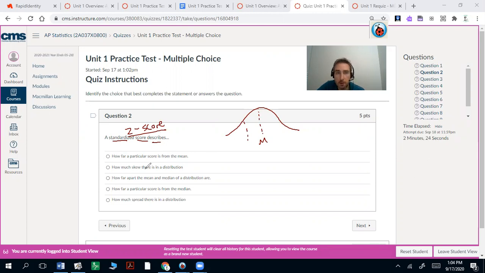The options: how much skew there is in a distribution, how far apart the mean and median of the distribution are, how far a particular score is from the mean, how much spread there is in a distribution, or excuse me, how far a particular score is from the median, no. How far a particular score is from the mean, yes.